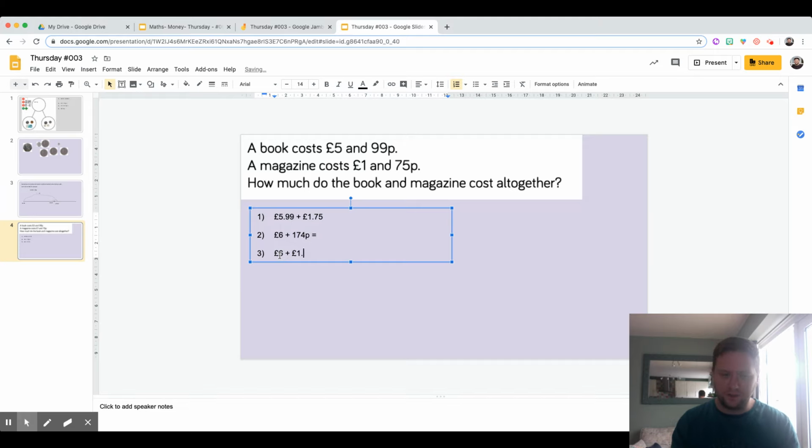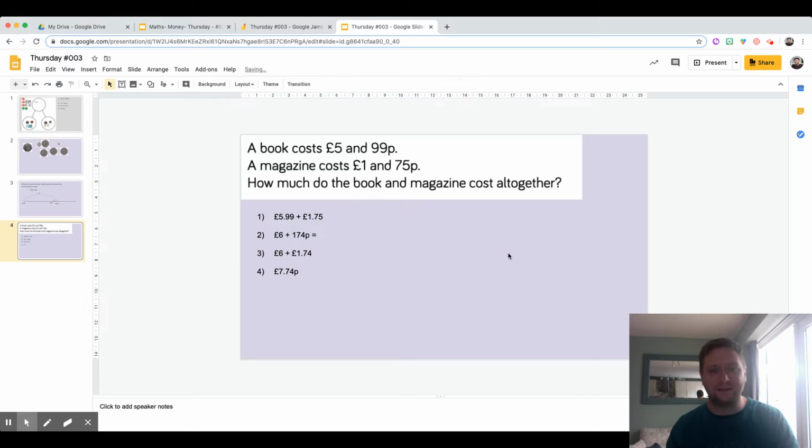If I forgot the decimal point, it would look like £174, which would get me the incorrect answer. So remember that there. And then step 4, is to add them all together. So £6, add £1 is £7, decimal point, add the 74 pence. There we go, correct answer.